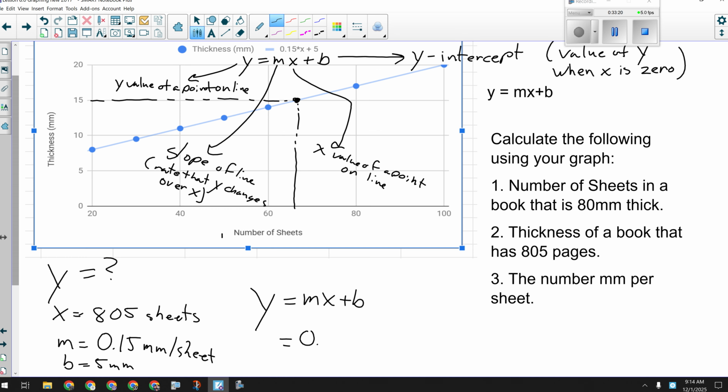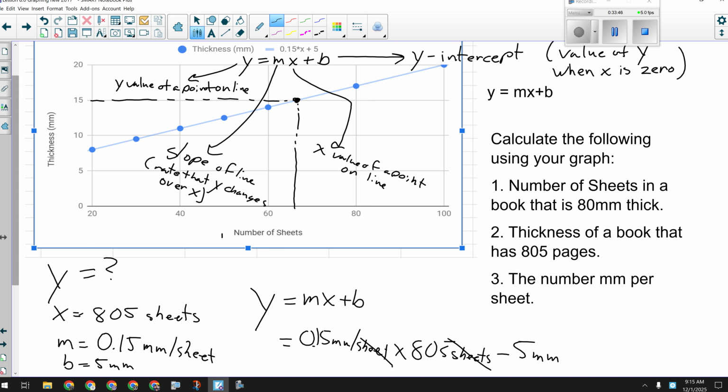So 0.15 millimeters per sheet, times 805 sheets, minus 5 millimeters. Well, when I multiply millimeters per sheet by sheets, sheets are going to cancel.